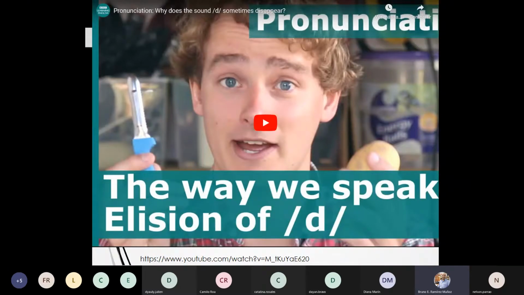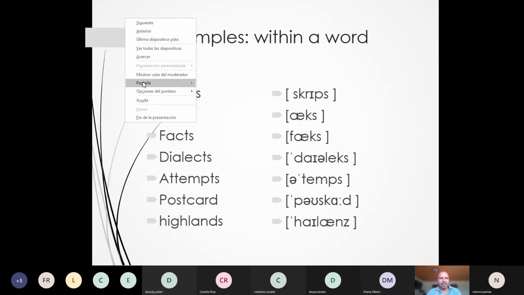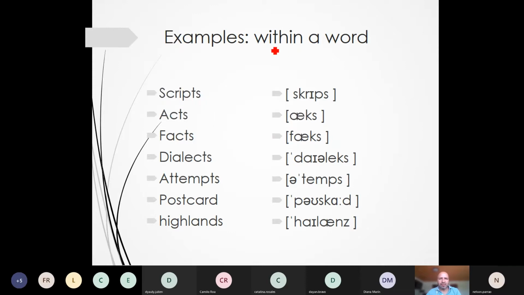Great. So that is some of the examples given in this video, and the video referred to examples that were found. Well, you can find elision within a word, within one word, right? Or in word boundaries. So let's take a look at the examples here. I have 1, 2, 3, 4, 7.